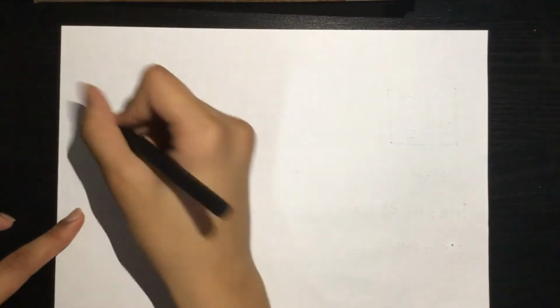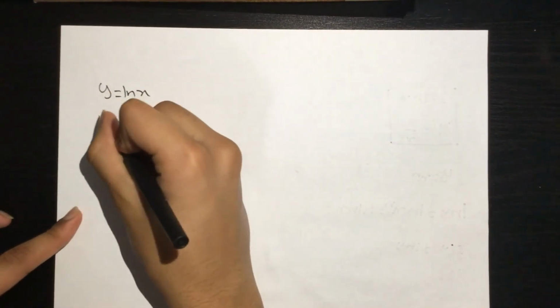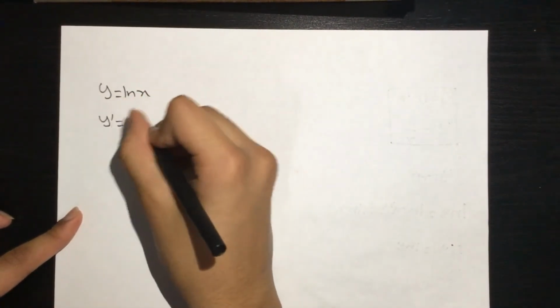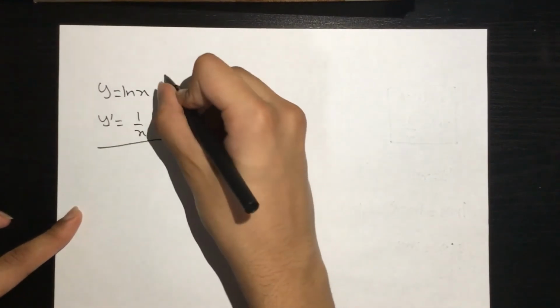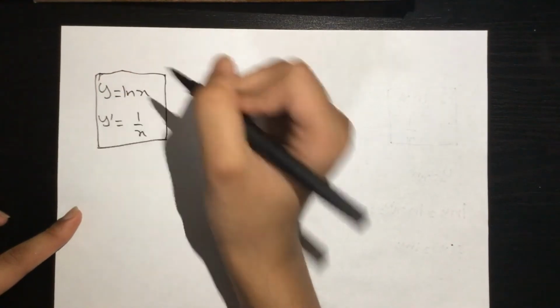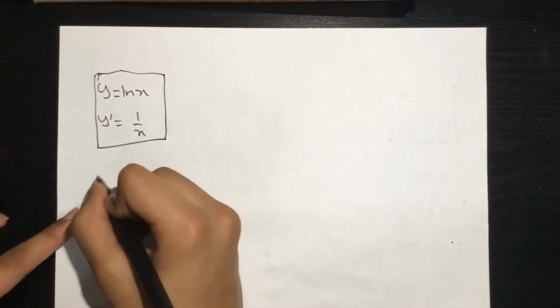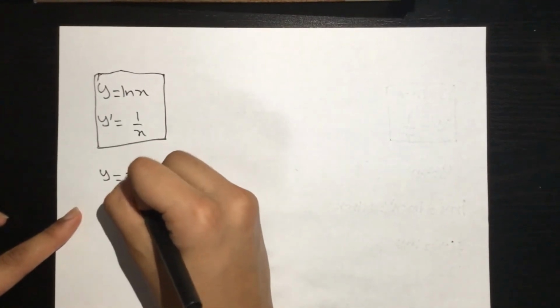Now that we've shown that if y equals ln x, then y prime, the derivative of ln x, is equal to 1 over x, we can use this fact to actually prove the power rule. So how would we go about proving the power rule from y equals x to the n?